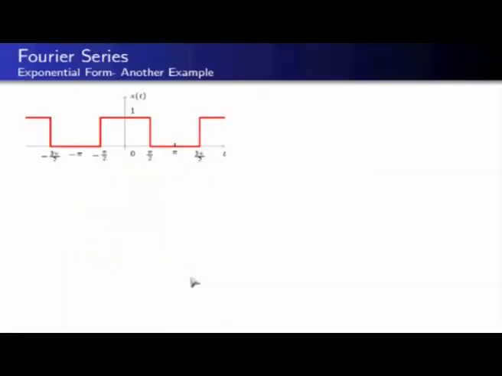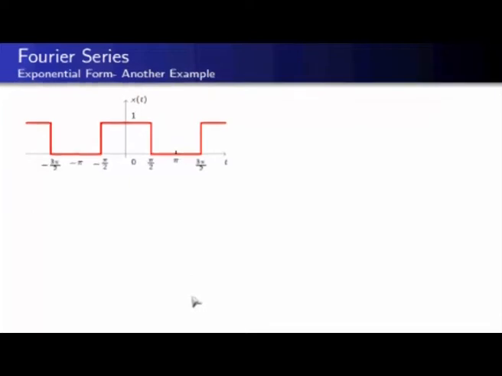Okay, so let's take one more example. I've taken a regular rectangular pulse, that is 1 for some time, 0 for some time, 1 for some time, 0 for some time, and goes on and on in both directions towards infinity and negative infinity. In this case, you can see that I've selected the period.